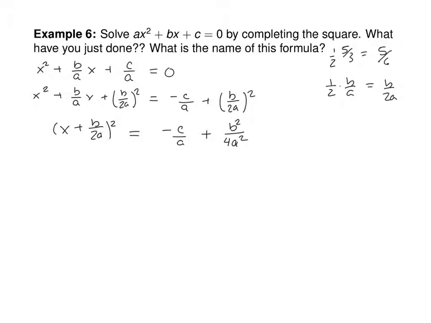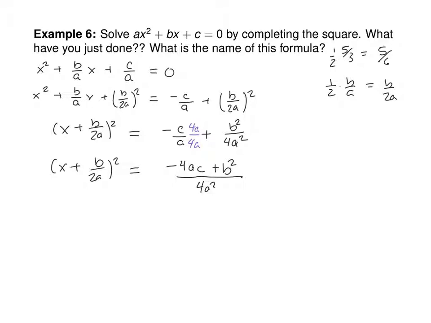So now how about before I square root, I get a common denominator? Does that make sense? So what would you multiply the c over a by? 4a squared. Just 4a. Okay, so that gives us x plus b over 2a, the whole thing squared, equals negative 4ac plus b squared, all over 4a squared, right?